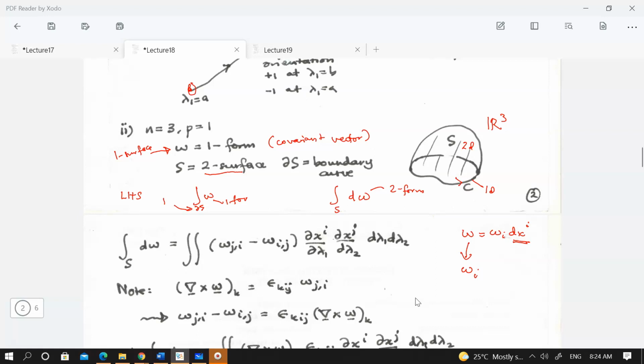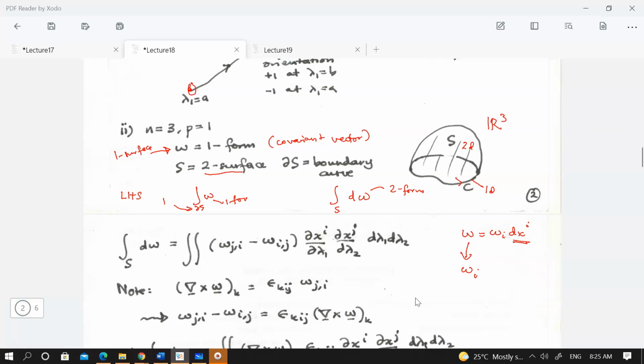If you take the derivative of this, it will be something like this, but you also need to make sure that the resultant object, which can be written as omega_i comma j, is anti-symmetrized, because when you do the exterior derivative you want it to be anti-symmetrized. So I've done this slightly differently. This is supposed to be j here, and let me do this again.